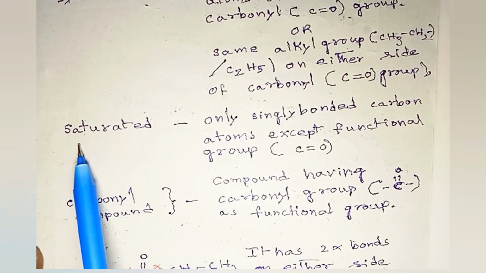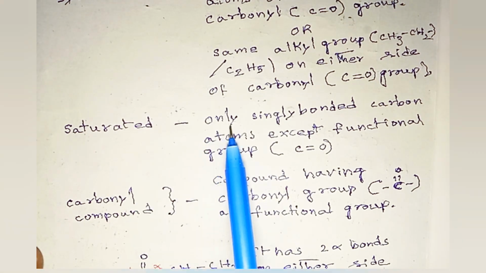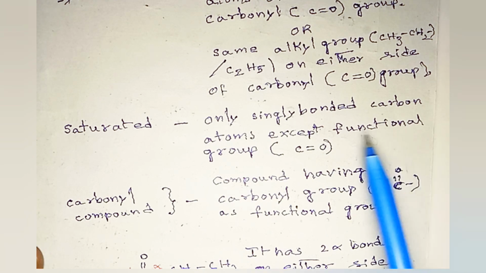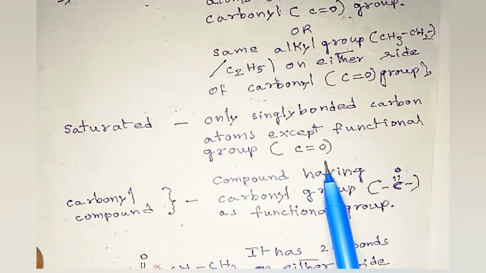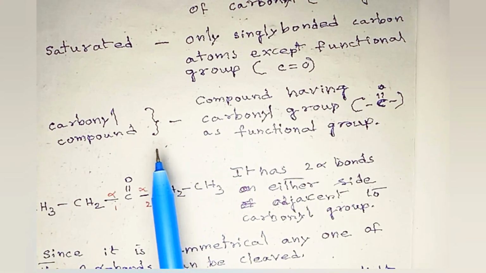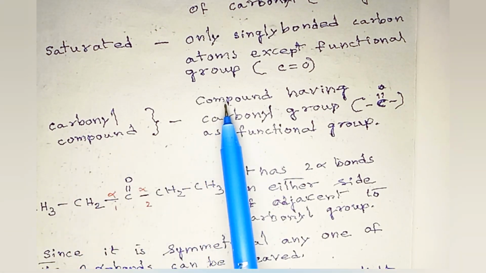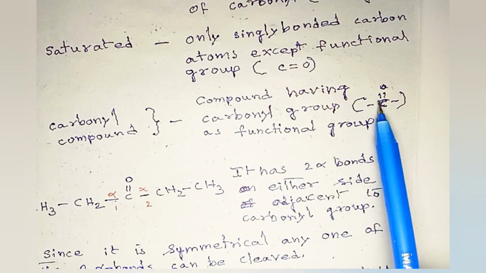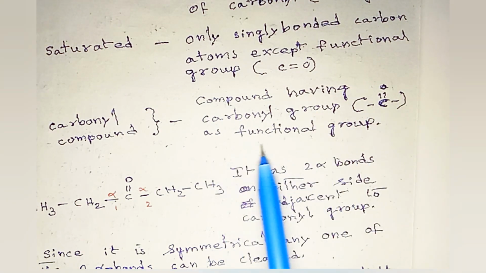It is called saturated because only singly bonded carbon atoms are present, except the functional group C double bond O. As you all know, this is a carbonyl compound because it has the carbonyl group, C double bond O, as the functional group.